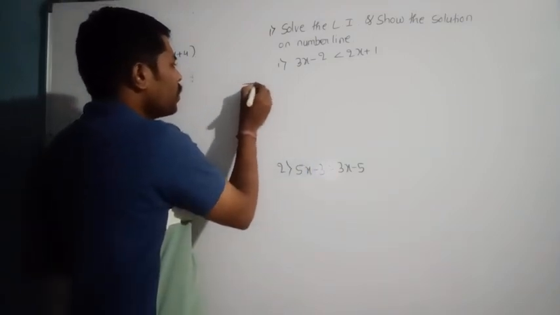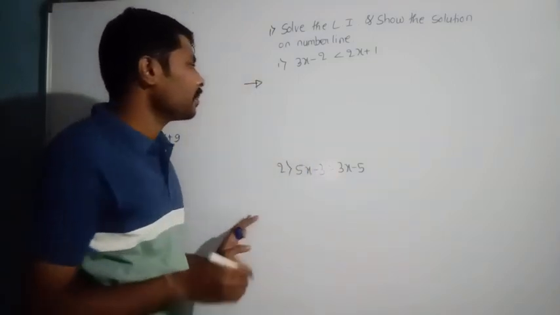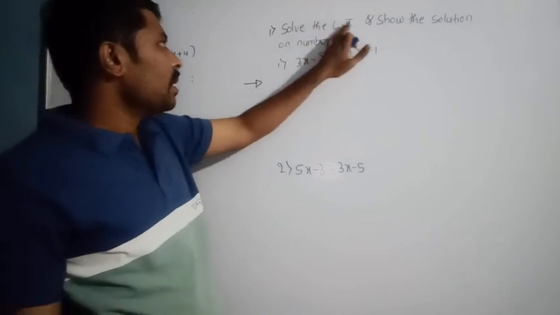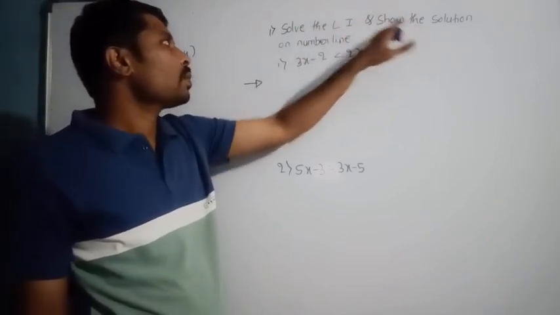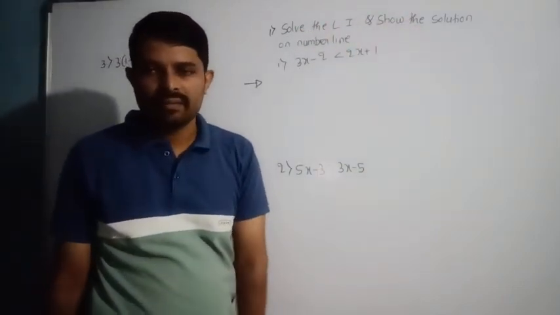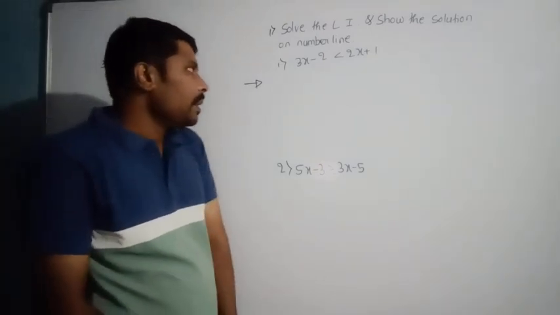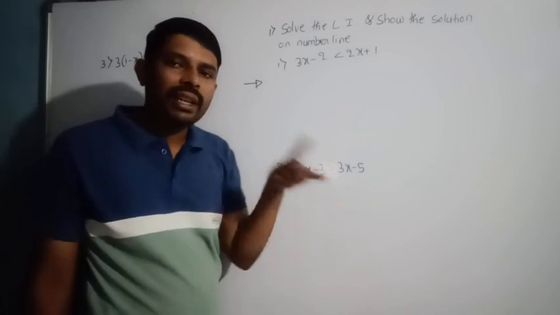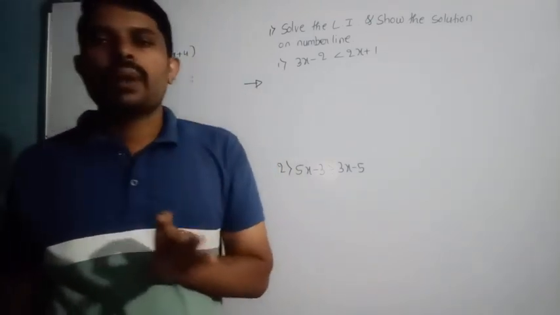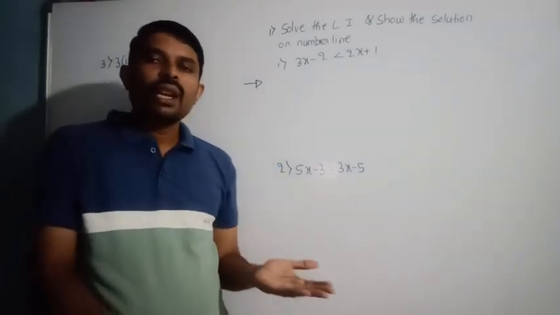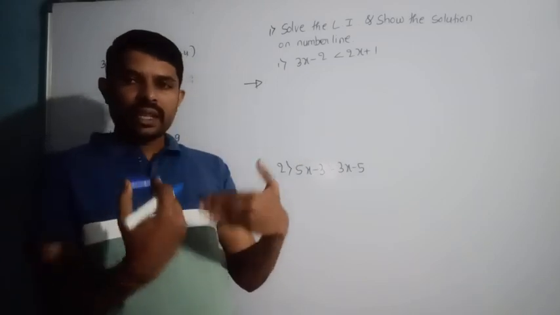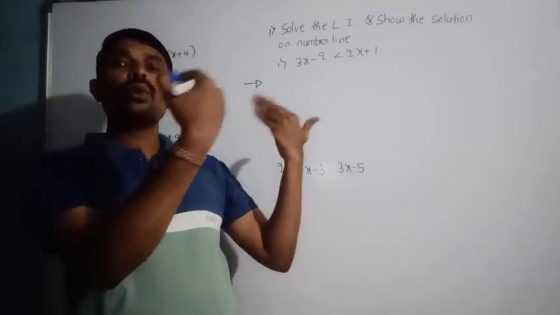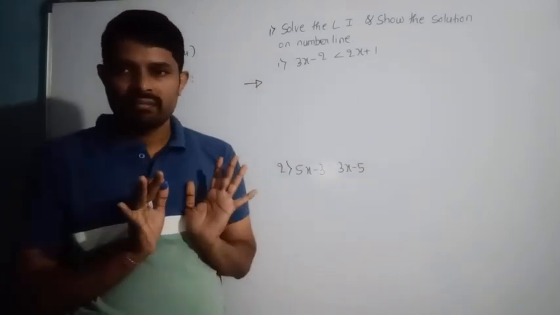Look here carefully, everyone, what they are asking. First you have to solve the inequality, then you have to show the solution on the number line. Whenever you want to solve any inequality, remember my method: take all x terms to the left side, and all remaining constant terms to the right side.